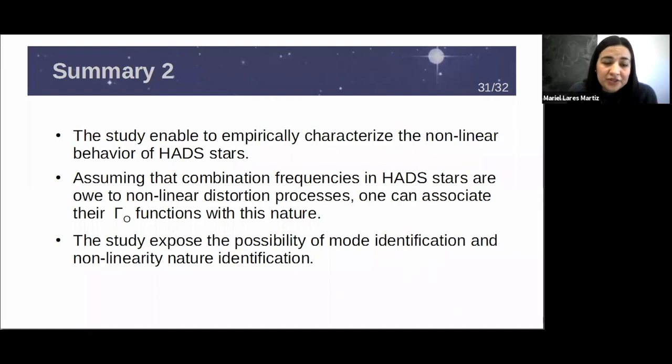One can associate this gamma function to such processes. And the study exposed the possibility of the first use of combination frequencies in intermediate mass pulsating stars for mode identification, or identifying the nonlinear nature of a combination frequency.